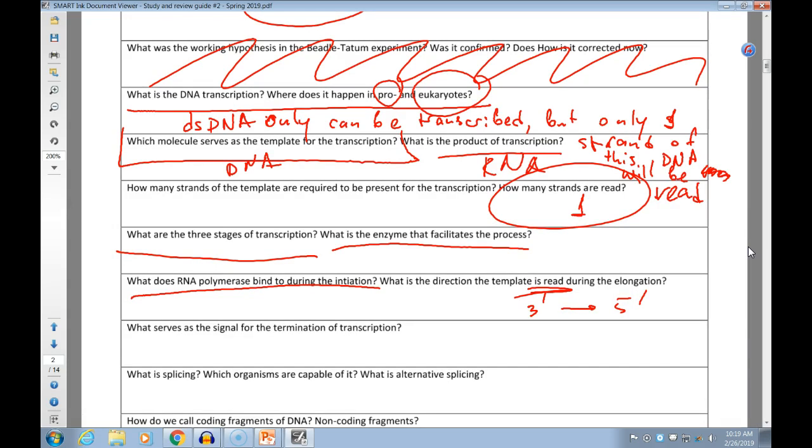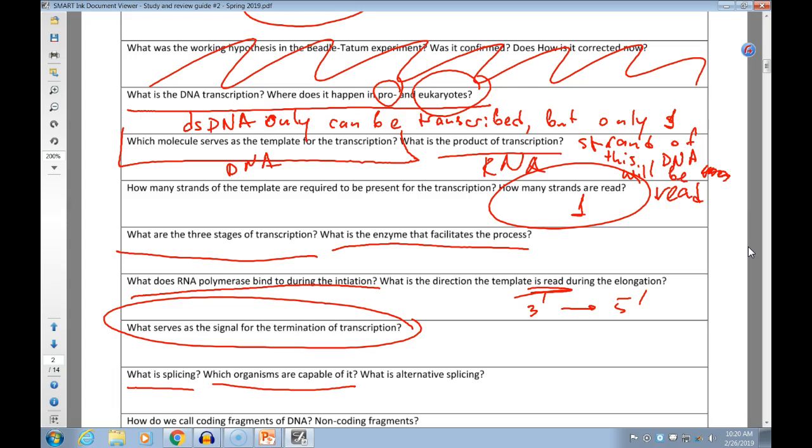Initiation, elongation, and termination. Now, the signal for termination of transcription is terminal repeats that force RNA polymerase to stall. Okay? Now, there is an intermediate stage called splicing, which occurs in eukaryotes and viruses.